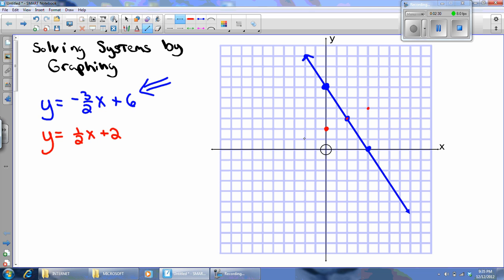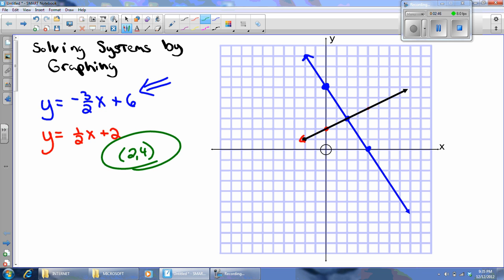Now, I'm still going to draw my line because that's what's expected of me. I was told to solve by graphing. And so my answer to the problem is going to be the point 2, 4. And there's my solution. Right there, 2, 4. Okay, that's pretty simple.